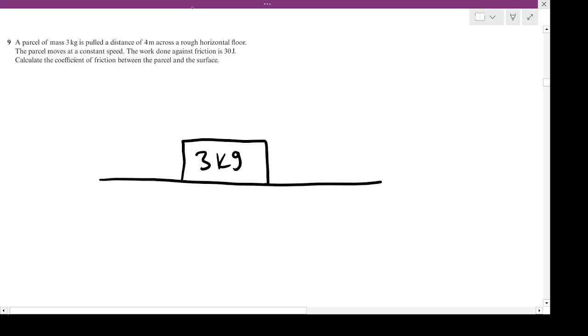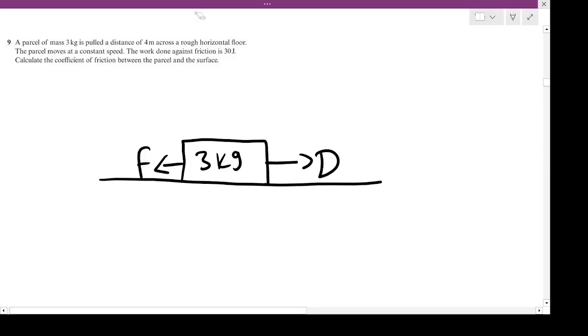So it's being pulled, so there's going to be some force pulling it forward. But I also know there's friction, they mention friction is involved. Friction opposes movement, it opposes motion, so it's going to go the other way. I don't know what the friction is, so I'm going to call it F.